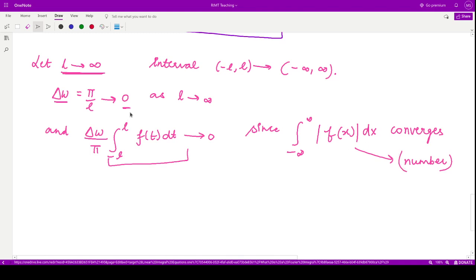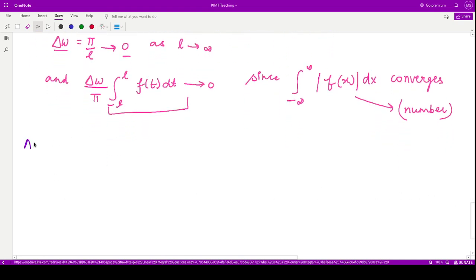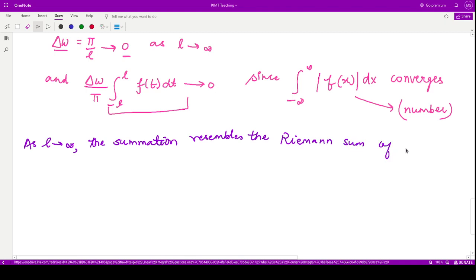So when you apply all this onto the given integral, what do you have? I can write, whenever L goes to infinity, the summation now resembles the Riemann sum of a definite integral.